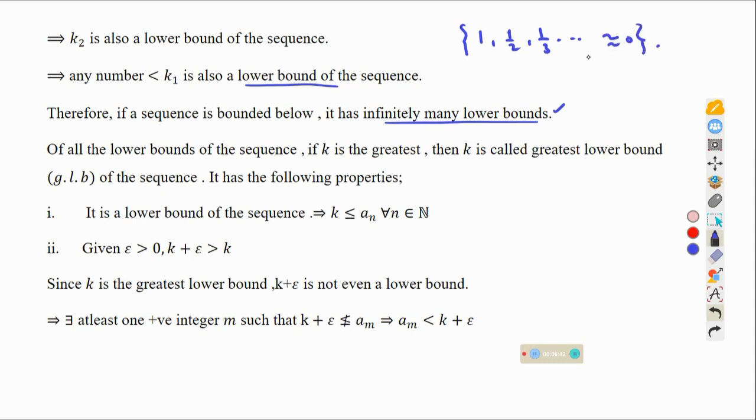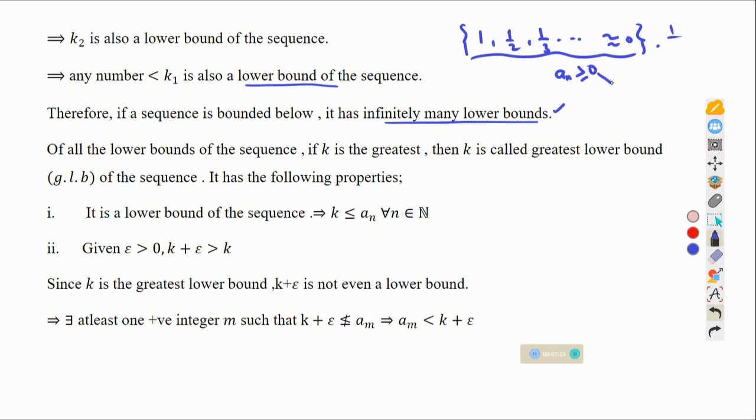And we are saying that 0 is the number for which all these other terms are greater or equal to 0, because when you consider 1, a half, a third, they are greater or equal to 0. When you consider 1 out of 1 million, it will be approximately equal to 0, but it will be greater than 0. So all the terms that you consider here will be greater or equal to 0.